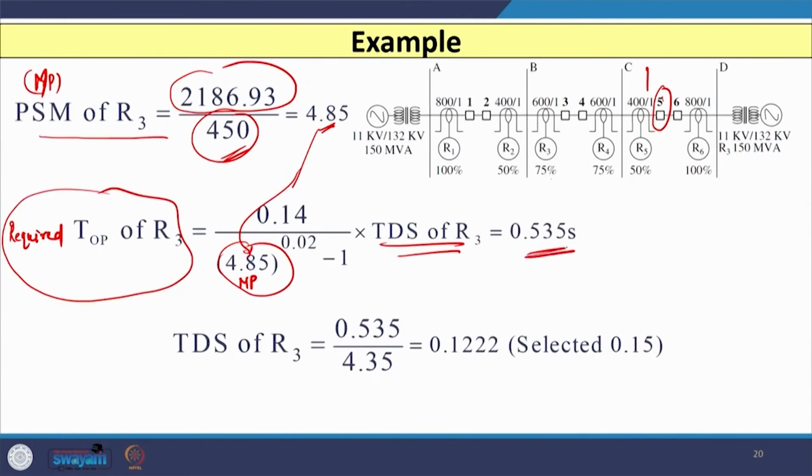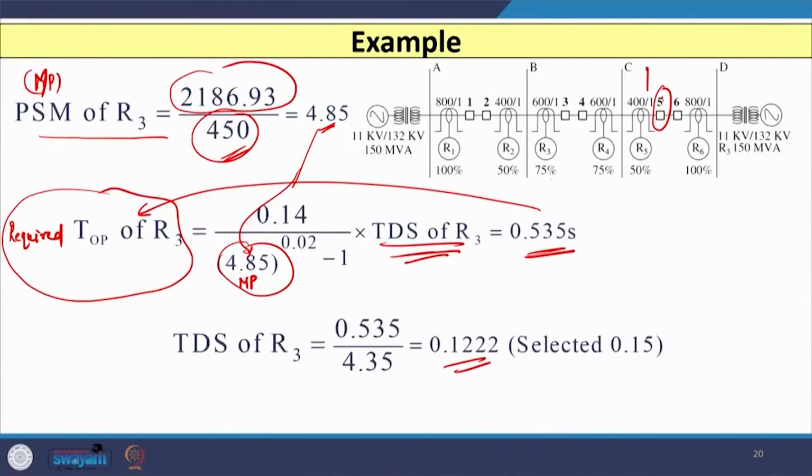So, you can put this value here and calculate the TDS of relay R3, which comes out to be 0.1222. However, in electromechanical or static relays, the time dial setting range is given from 0 to 1 second in steps of 0.05. So, if this value is available, you have to go for a higher step and select 0.15.